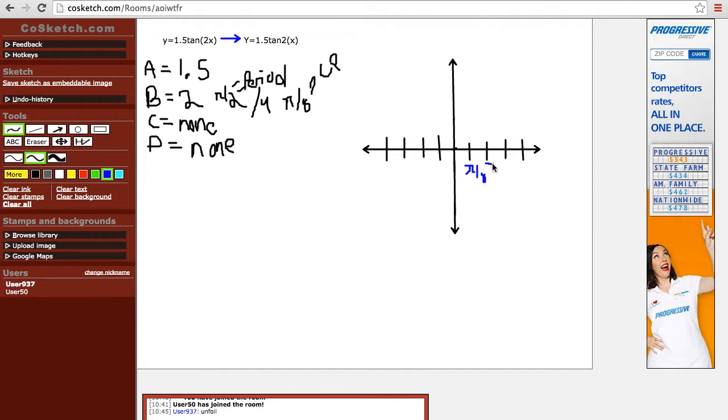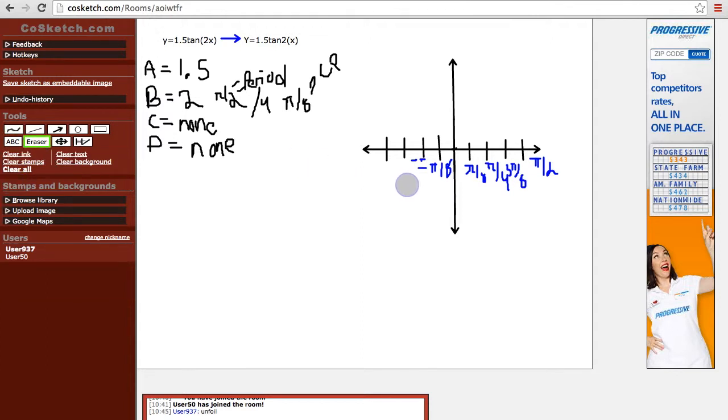So now we're going to label the critical points on the graph. The amplitude is not the highest point where the graph's going to go, but the point that you're going to label on the y-axis.